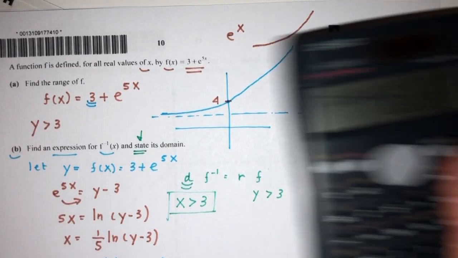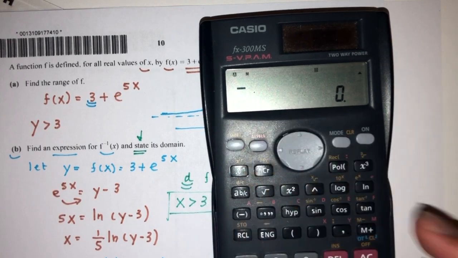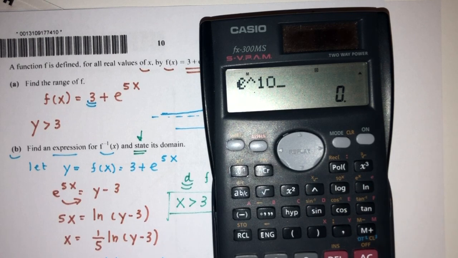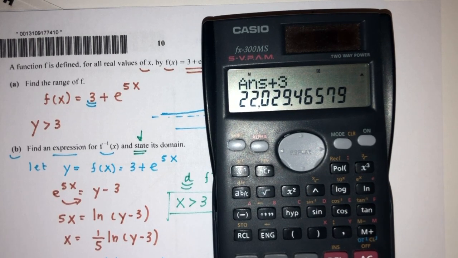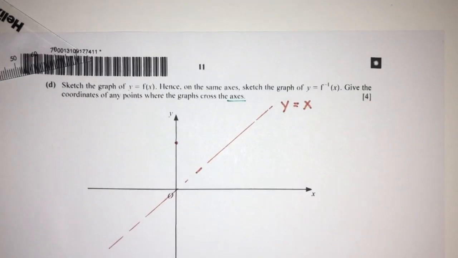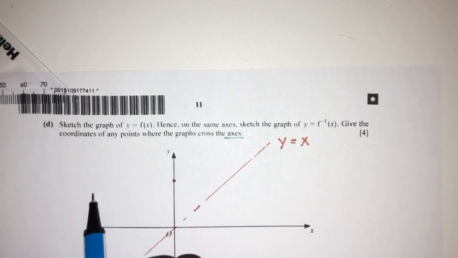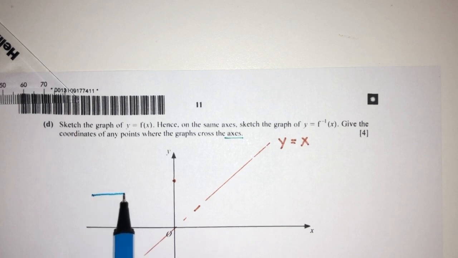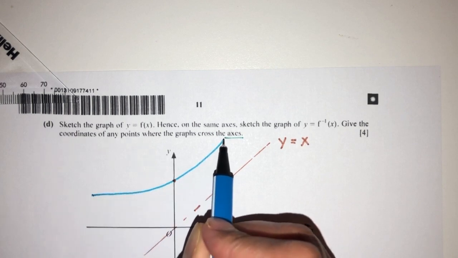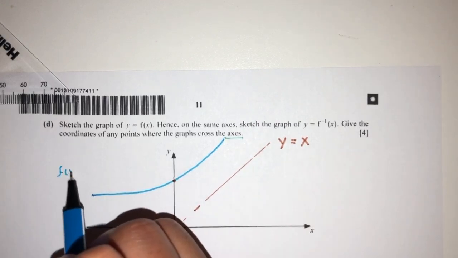Let's say when the value is 1, what happens? So when the value is 1, let's say 2. So that will be exponential. I'm just testing here. That should be 10 plus 3. That should be so big a value. So it means that as the value of x increases, the value of y will also increase, right? So let's say it will be in the shape like this, keep going up. That's the main idea for the graph of y equals f of x.